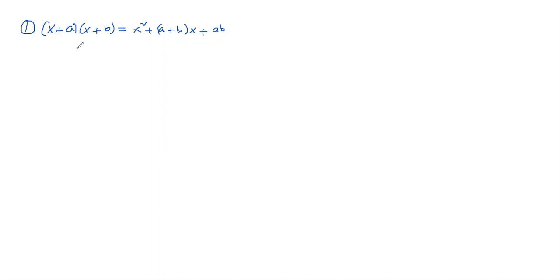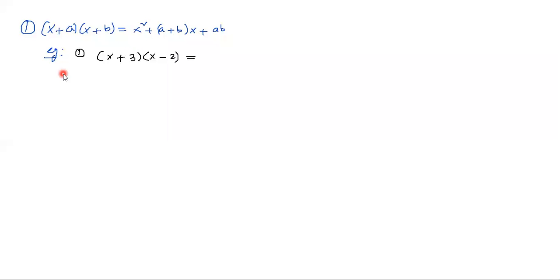Now here is the example I'm taking. Suppose somebody told you to multiply x plus 3 and x minus 2. Here just try to compare the basic things. x and x can be compared.